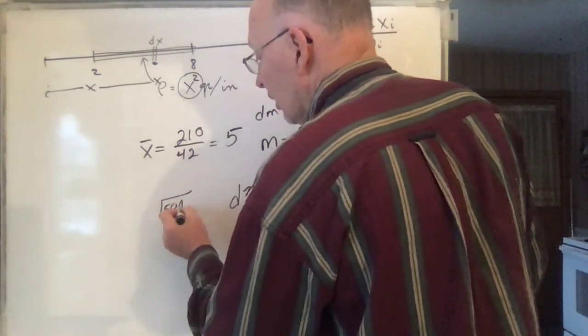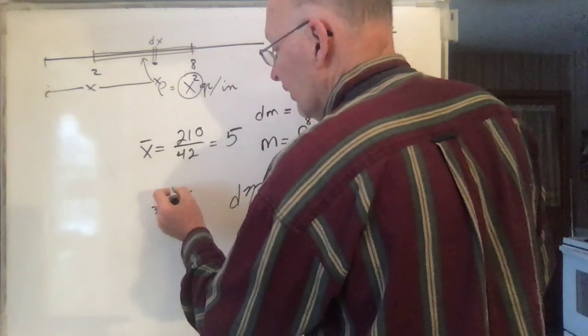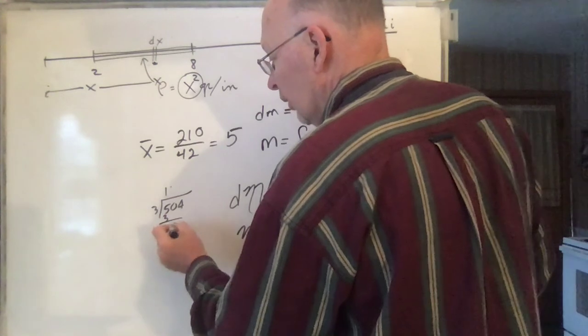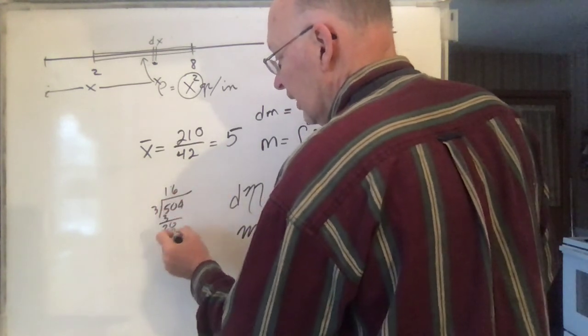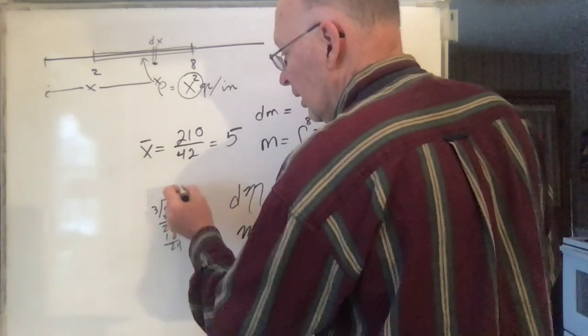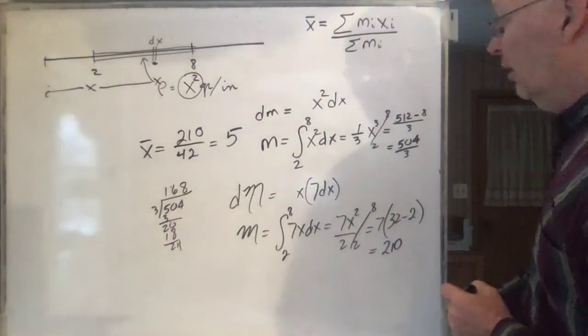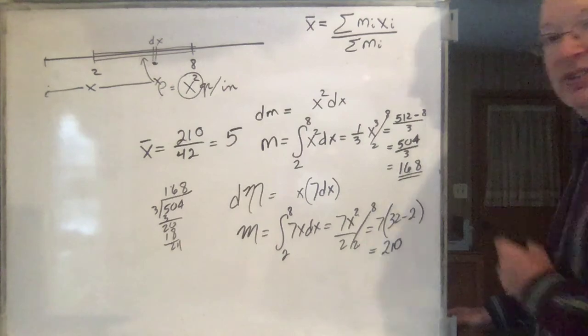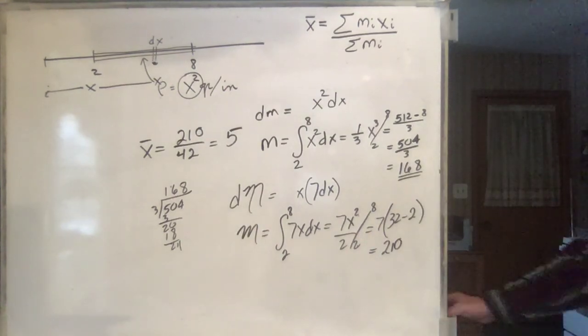What is it? Goes in there 7 times, goes in there once, 3, you get 20, goes in there 6, 18, 24, 8. 168. Okay? So there's the mass of the entire thing, right there.